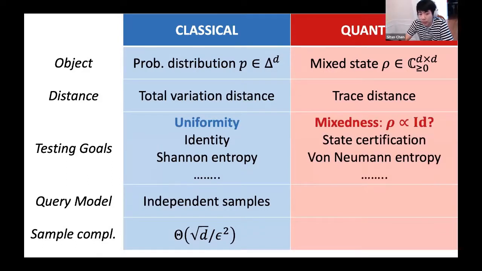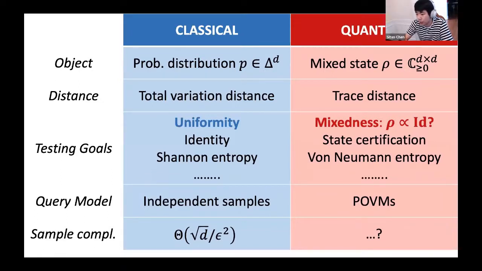The analogs of these classical testing goals in the left column are things like mixedness testing, state certification, etc. Mixedness testing is really the question of testing whether your mixed state rho is equal to the maximally mixed state or epsilon far in trace distance from the maximally mixed state. And the query model, rather than sample access, will be in the form of quantum measurements on copies of this mixed state rho.